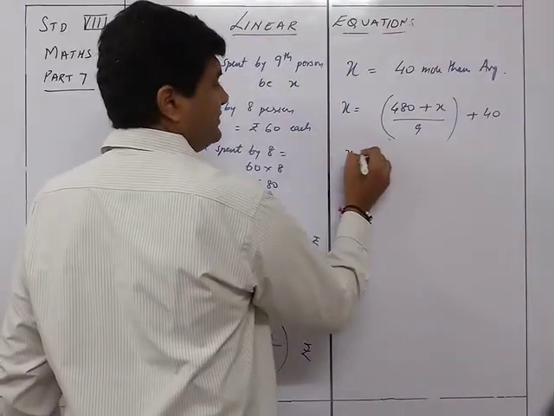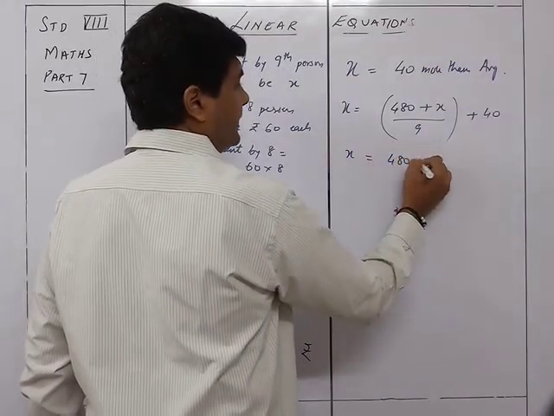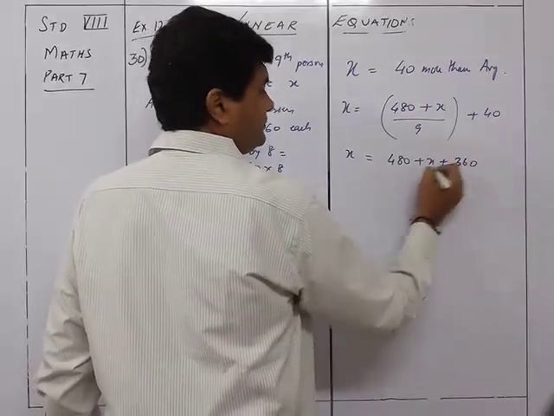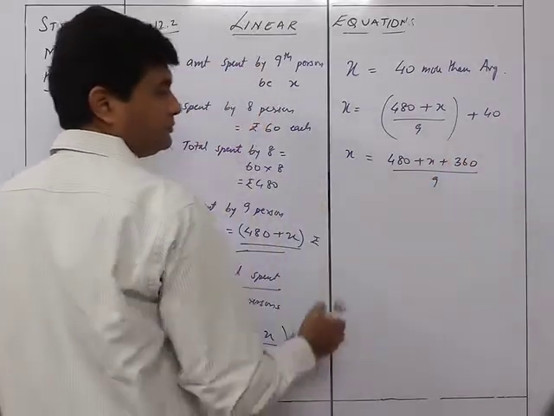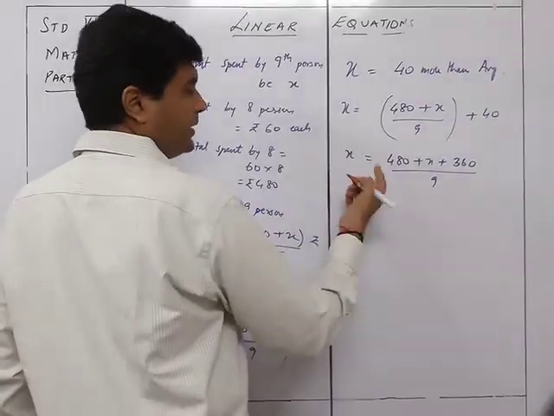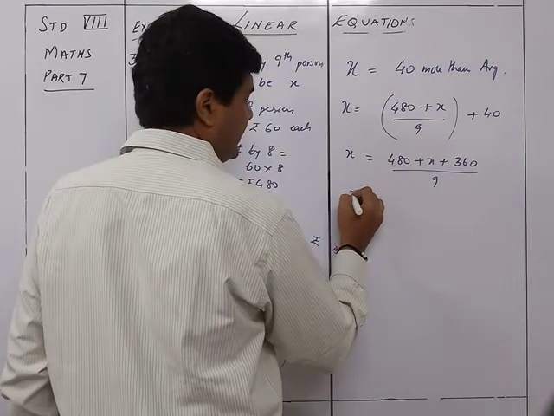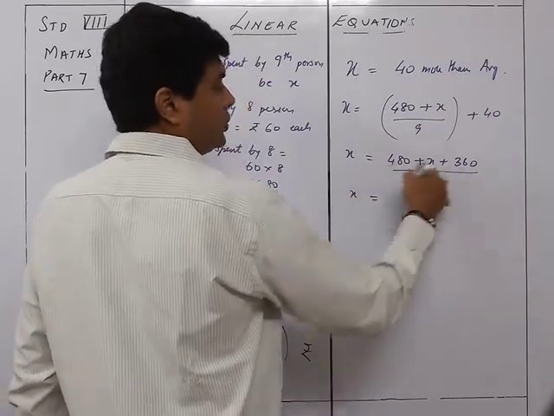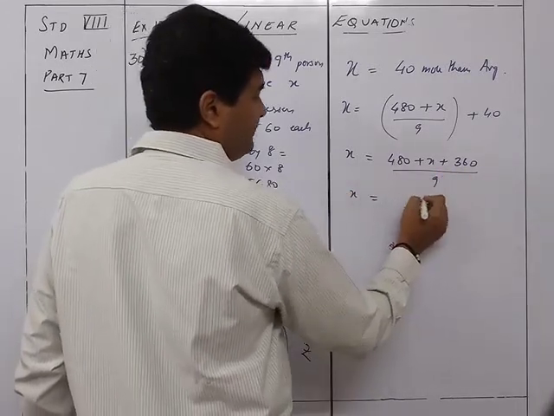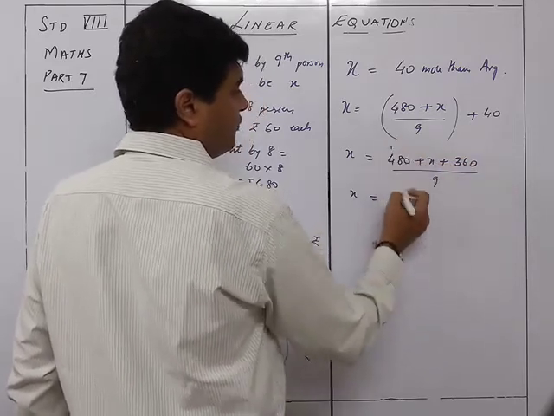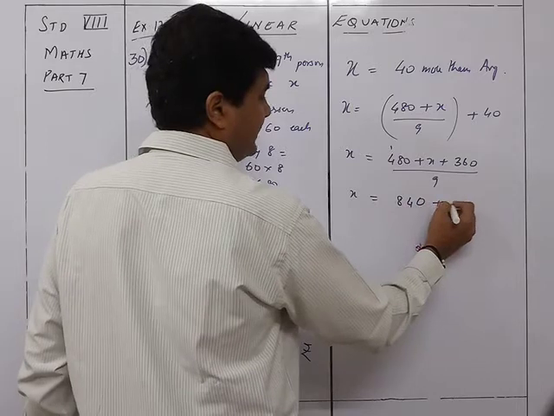So it will be x is equal to 480 plus x plus this into this, 360, the whole upon 9. You can take the 9 on this side, but okay, we'll leave it right now as it is. So x is equal to, the addition of these two will be 0 and then 4 and carry forward 1. So 840 plus x upon 9.